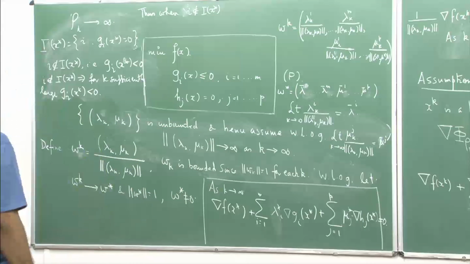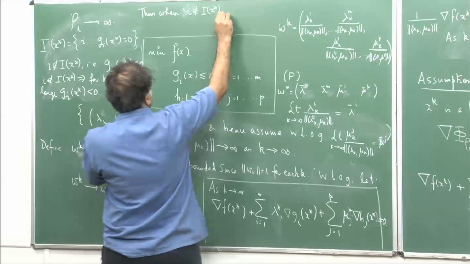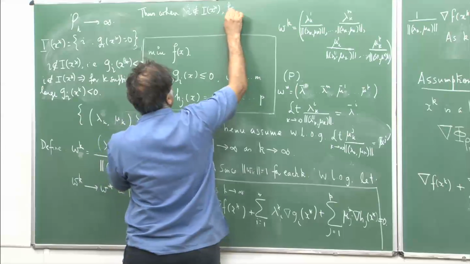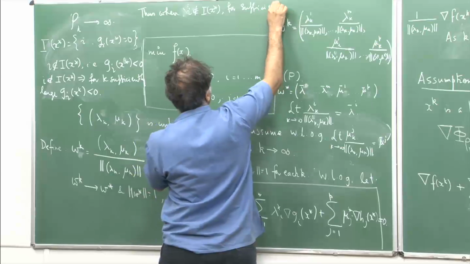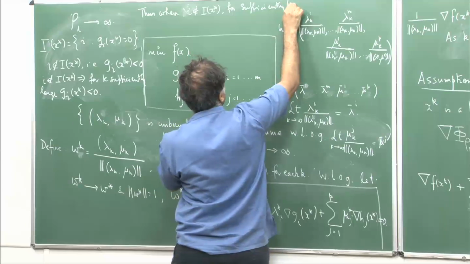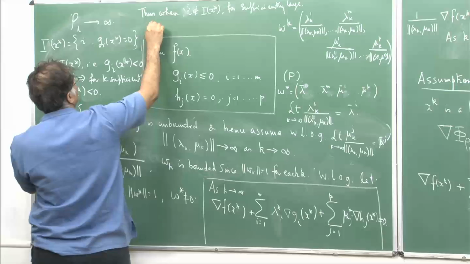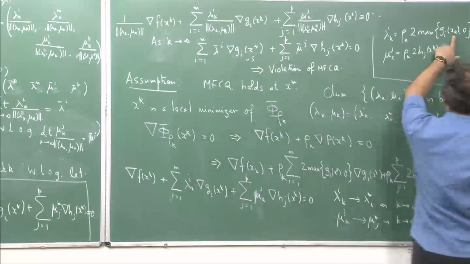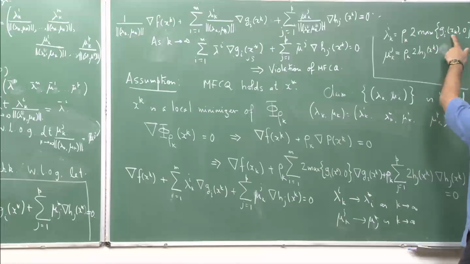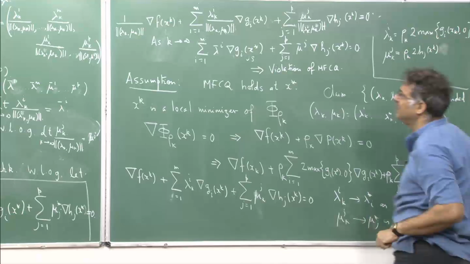for k sufficiently large, we have, because this is strictly less than 0 for k sufficiently large, because i is not in I(x*), so this max is 0, so this whole thing is 0.